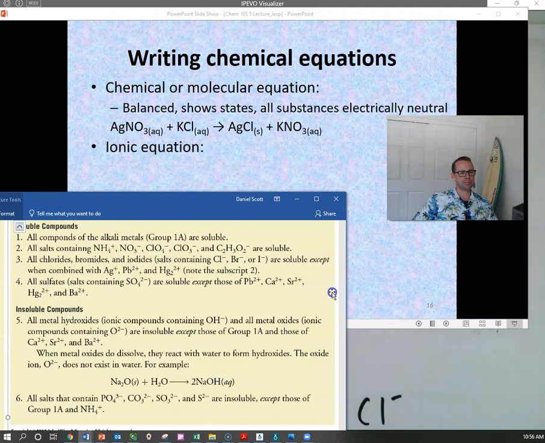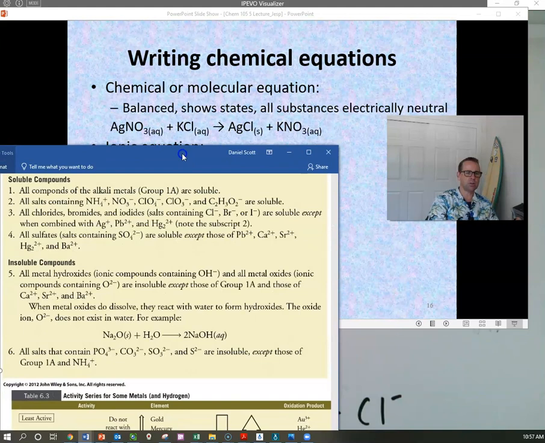All chlorides, bromides, and iodides, salts containing chlorine, bromide, or iodine, are soluble except when combined with Ag, silver, mercury, and lead. Very good. So that's how we know that silver chloride is what? Soluble or insoluble?